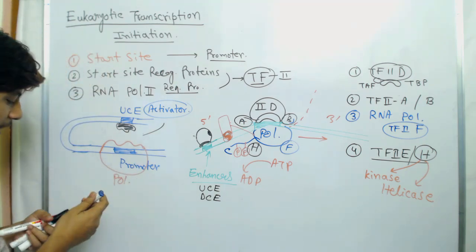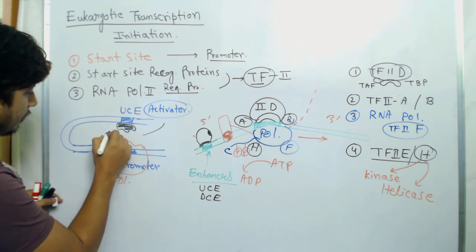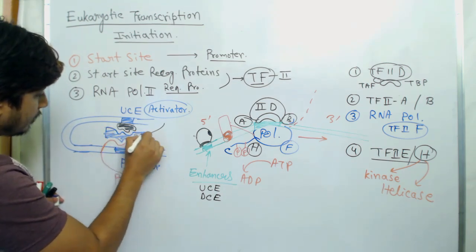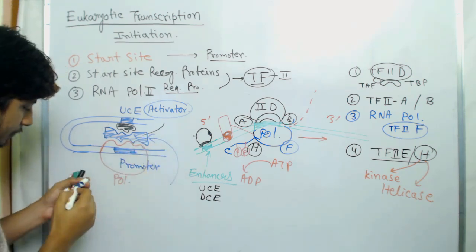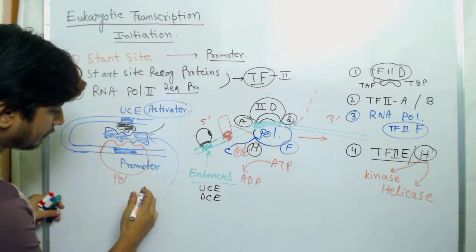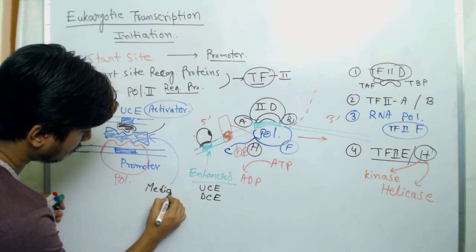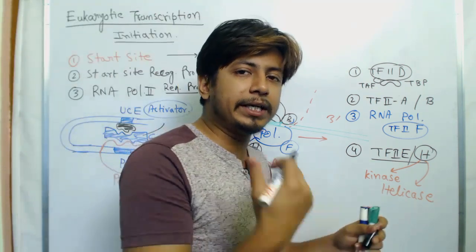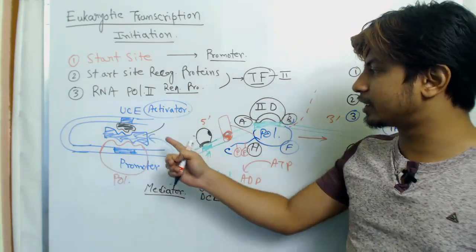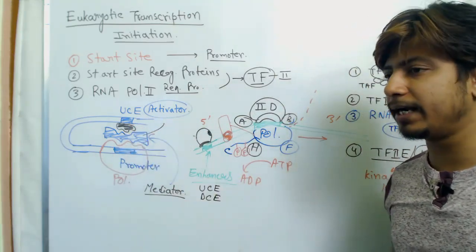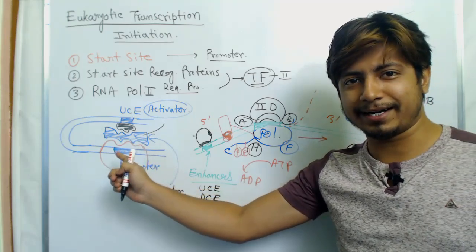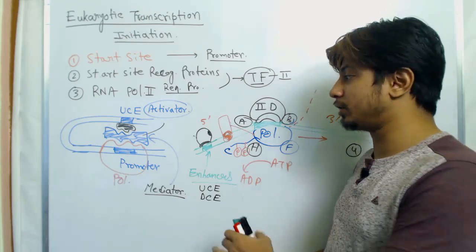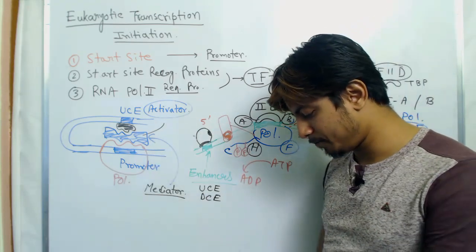So there is a third party in the middle known as a mediator, or a transcription mediator. This mediator molecule can hold the structure of both activator in one hand and polymerase in the other hand. That will also bring both activator and polymerase close to each other to initiate the process of transcription.